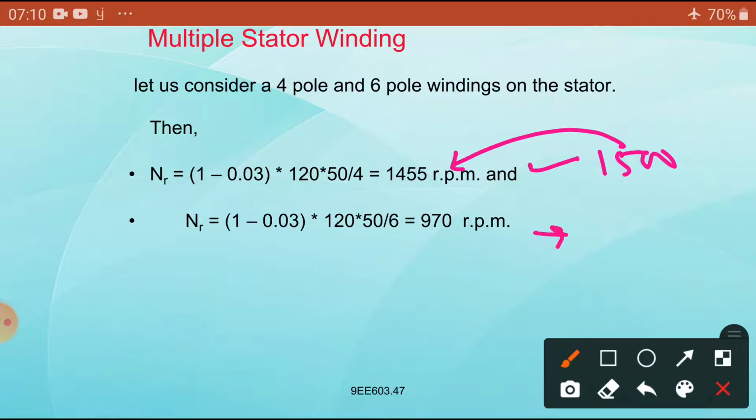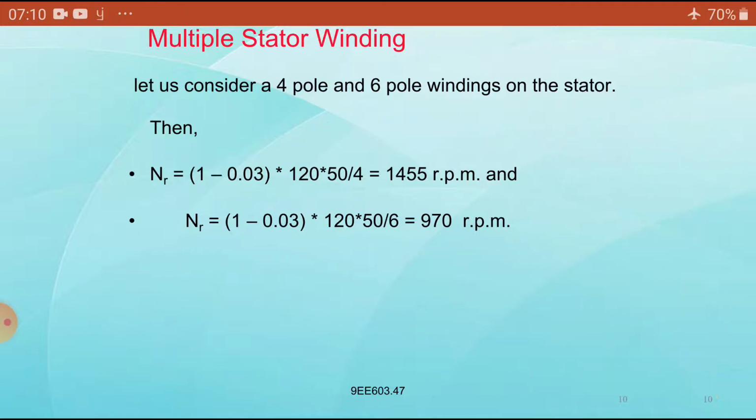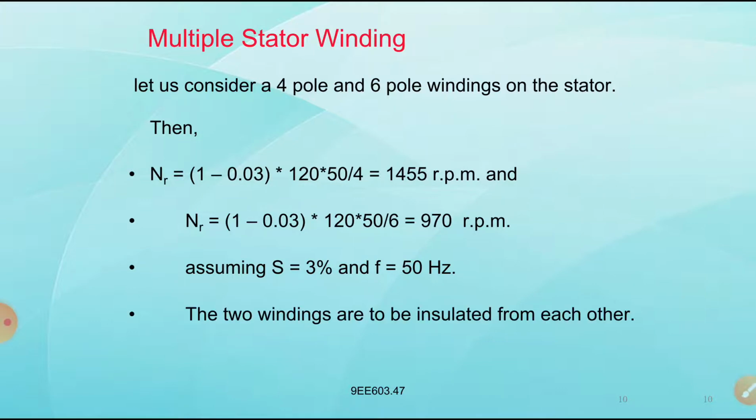Here the synchronous speed is 1000 RPM, but it is rotating at a lower speed with some slip. So by connecting this winding and keeping the other open, we are going to get 1455 RPM. In the second case, by opening this one and connecting the other, we are going to get this RPM. Two steps we are going to get. Assuming S is equal to 3% slip, frequency is 50 Hz.